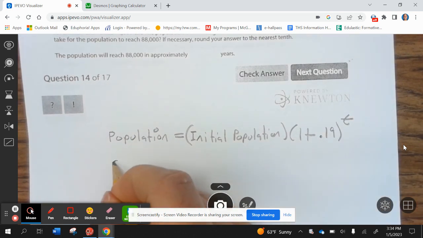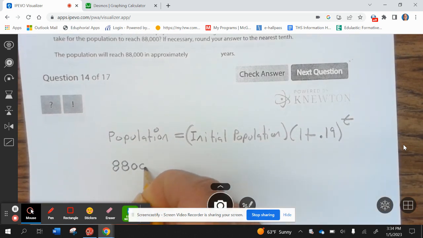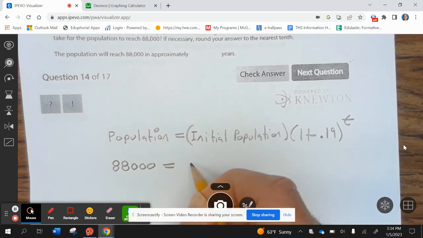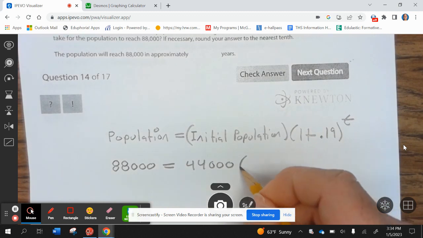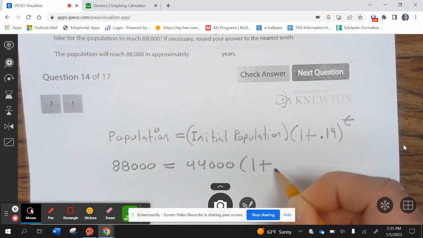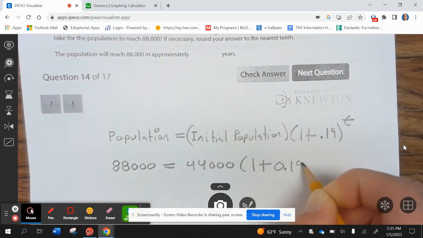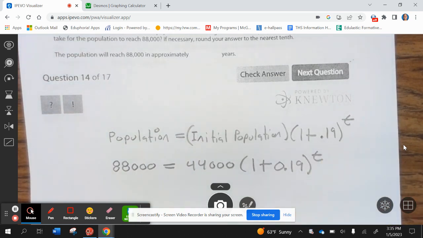Now, we want to know when the population is 88,000. Our initial population is 44,000 times (1 plus 0.19) to the t.